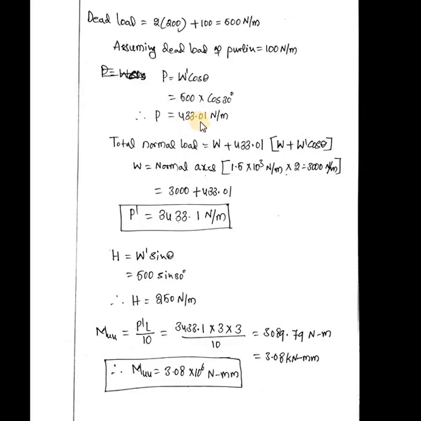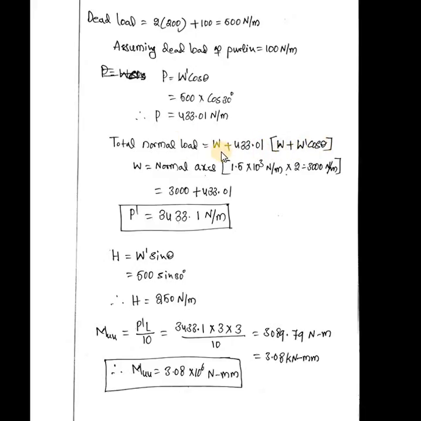Therefore P is equal to 433.01 Newton per meter. Total normal load is equal to W plus 433.01, that means W plus W dash cos theta.